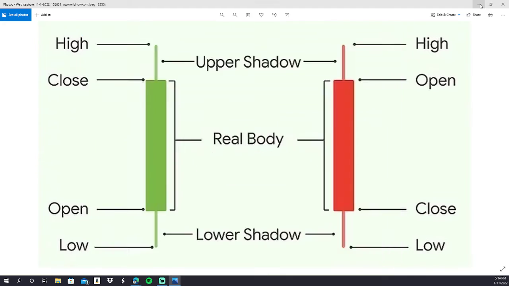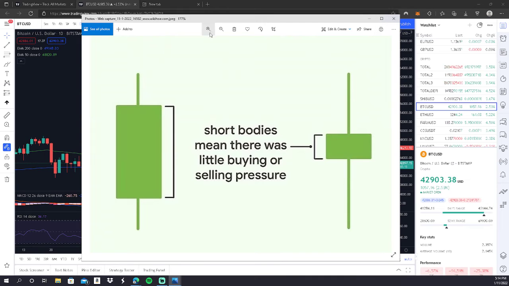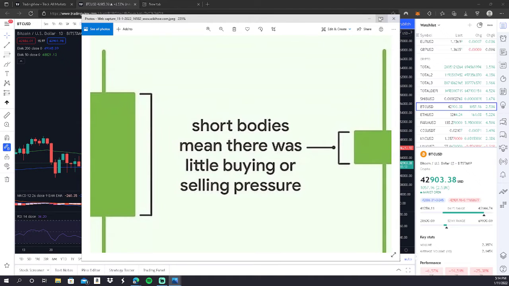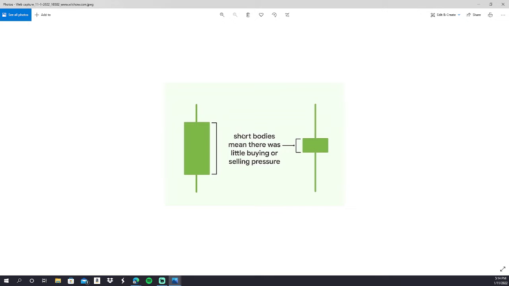So where you may have these short-bodied candles, they all don't have to look the same, but typically if you have long wicks up and down and a little small candle body here, the body part of it, whether it be red or green, it means that there was very little fluctuation in the price action ultimately from the open to the close.